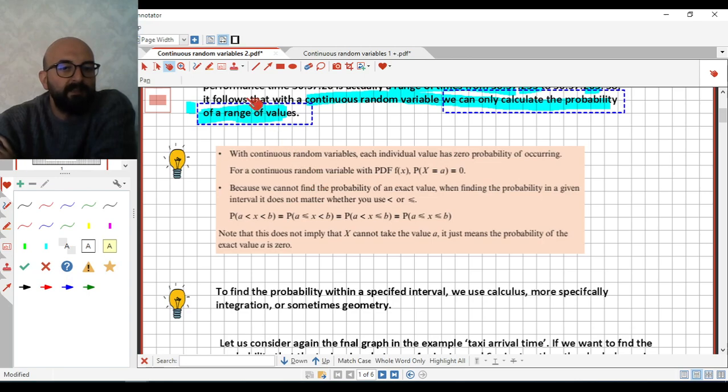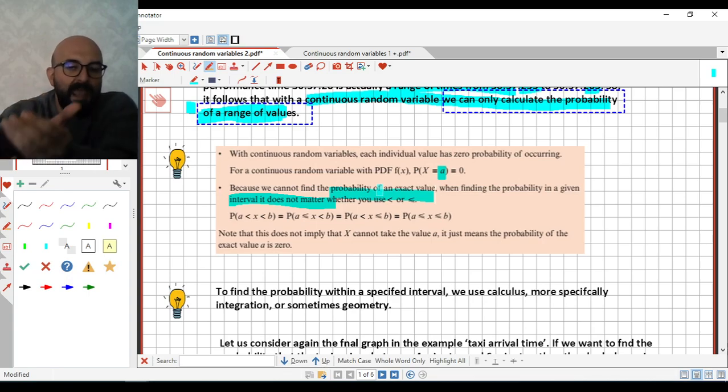For a continuous random variable with a PDF, if we want to compute the probability of an exact value it becomes zero, because we cannot find the probability of an exact value. When finding the probability in a given interval, it doesn't matter whether you use an equal sign or not. These probabilities are equal to each other.